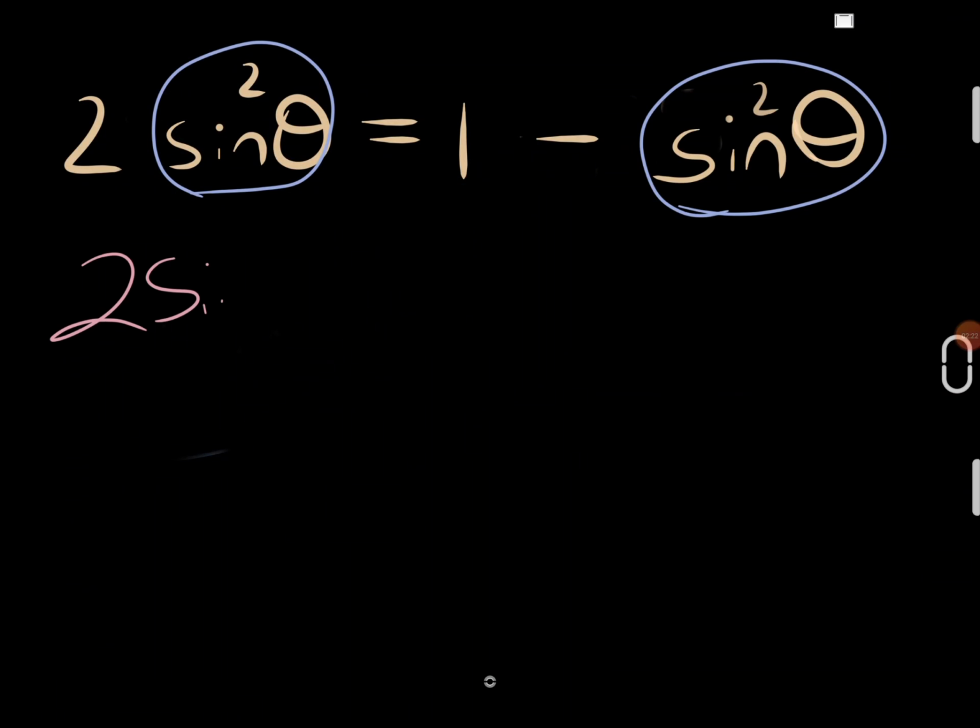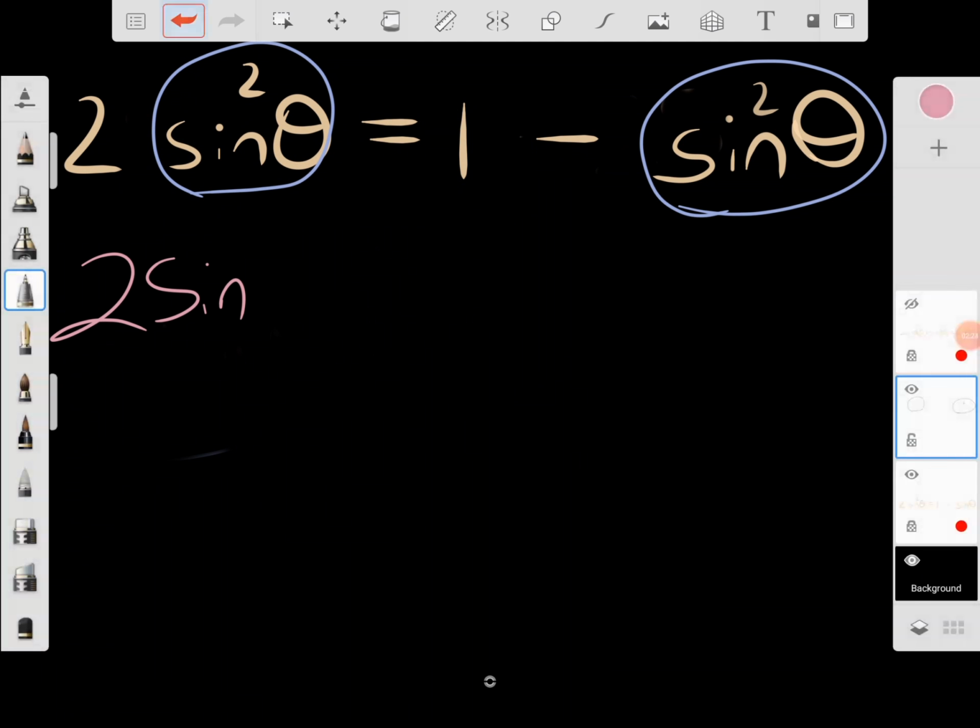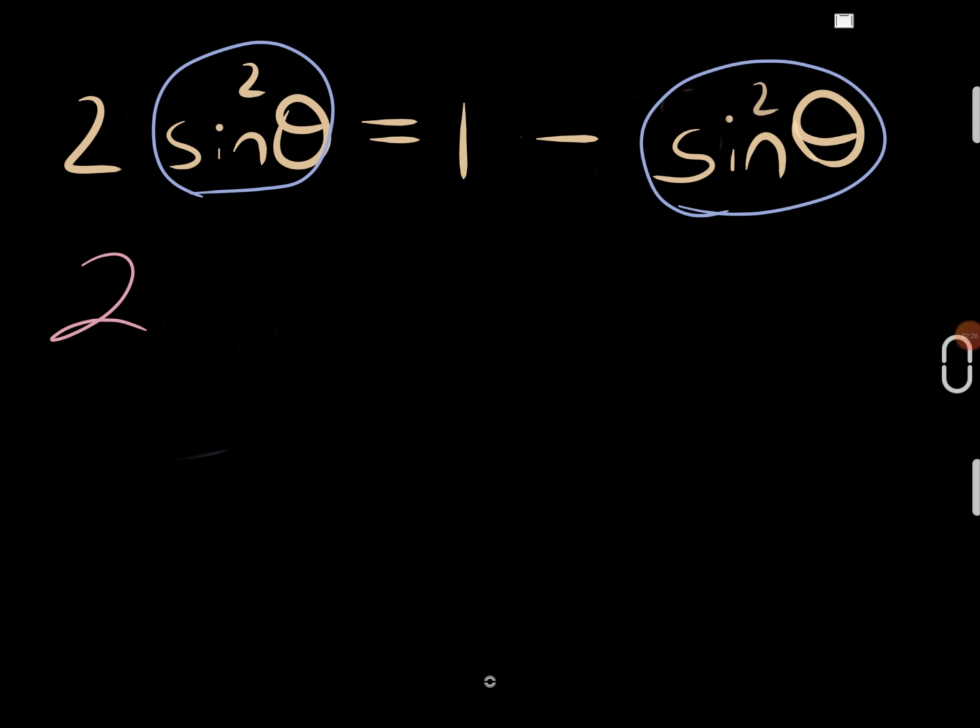So it will be 2 sine square theta, by the way s should be small letter, plus, bringing the other sign here, so adding sine square theta on both the sides, is equal to 1.